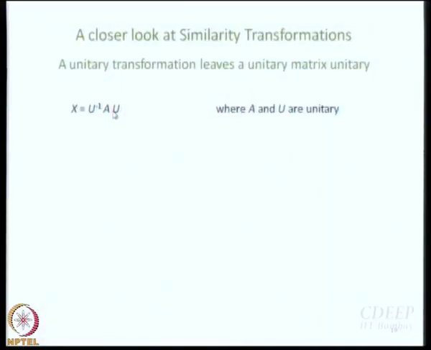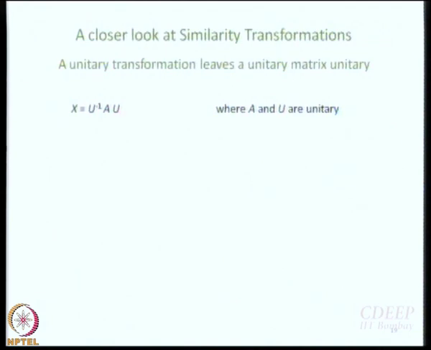Now, what we are saying is that if A is also unitary, then X should be unitary as well. Too many unitary we said too many times, please do not get confused. Unitary transformation has got to do with the U's. Suppose instead of A it was some matrix P which is not unitary, even then it would have been a unitary transformation.